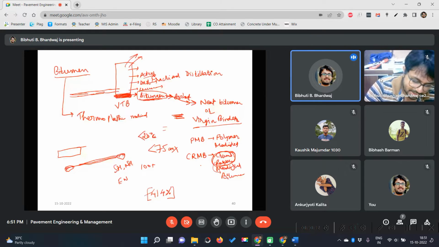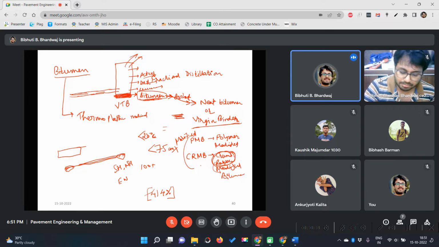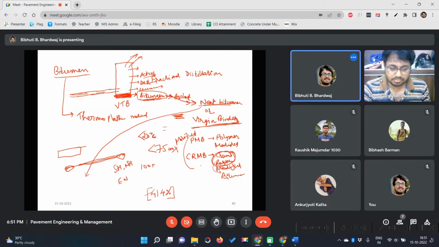Anyway, one is virgin bitumen, one is modified bitumen. Now, this virgin bitumen or neat bitumen is again classified based on its viscosity. Viscosity, as you know, is the resistance to flow.